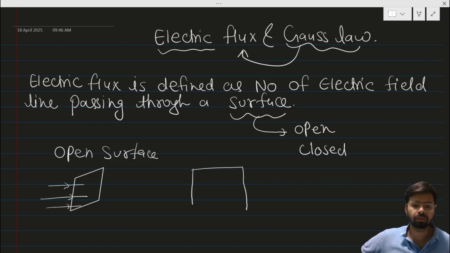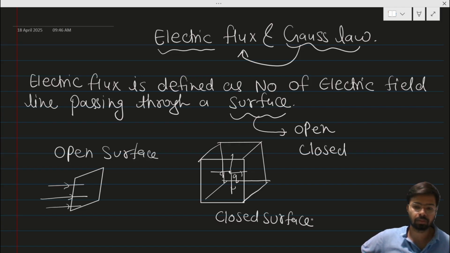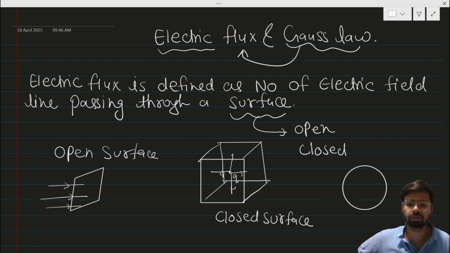If electric field lines are passing through a cube, it will be called a closed surface. Like this, if an electric charge is inside it and electric field lines are passing through this, then it is called a closed surface. And a sphere is also known as a closed surface.